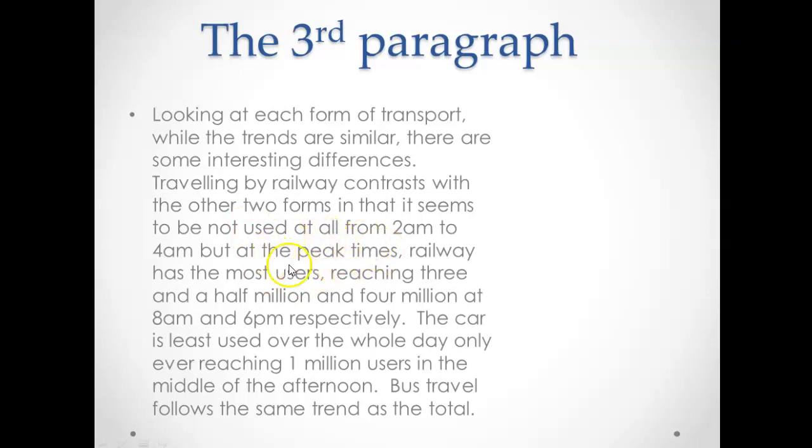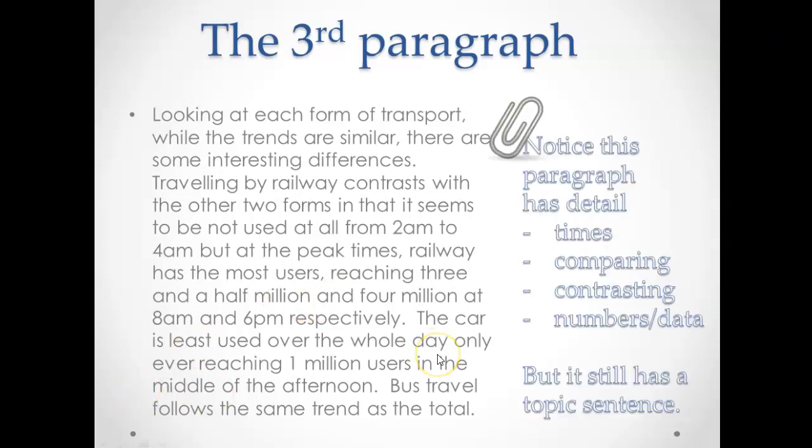Focus on the peak times when there were the most users. And which form of transport was the least used. If you look for these most obvious features and you can write about them with good grammar, you will get a high score.